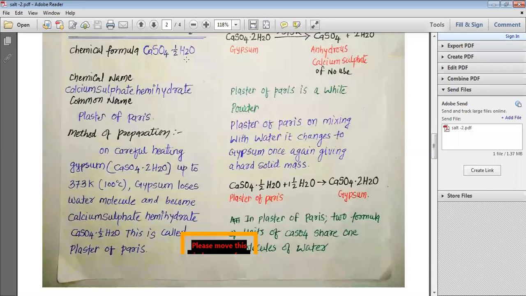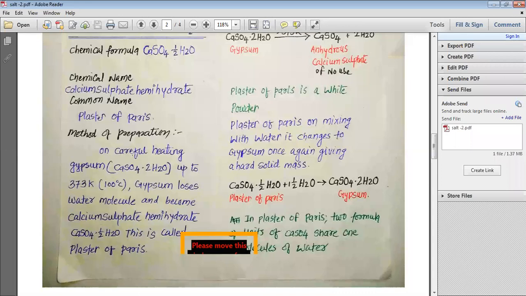Plaster of Paris, which has the common name, is prepared by this method. Our calcium sulfate hemihydrate, or the plaster of Paris, is prepared from the gypsum. So gypsum is calcium sulfate dihydrate.